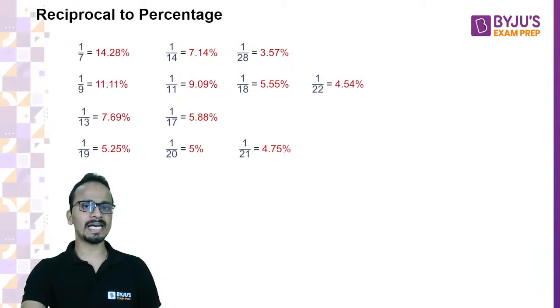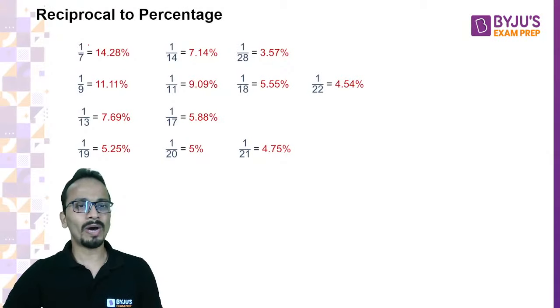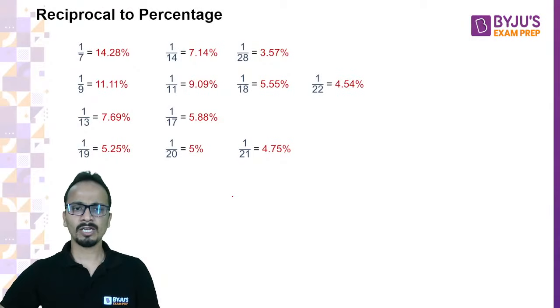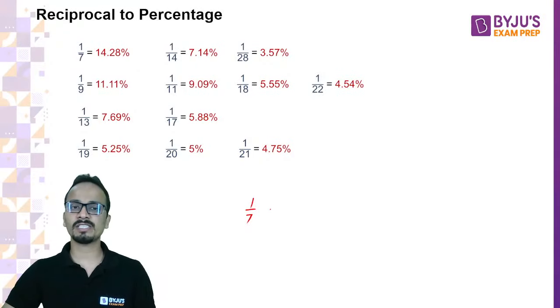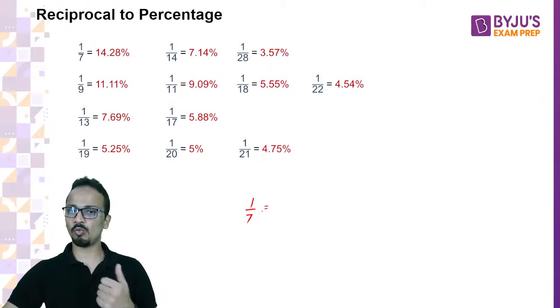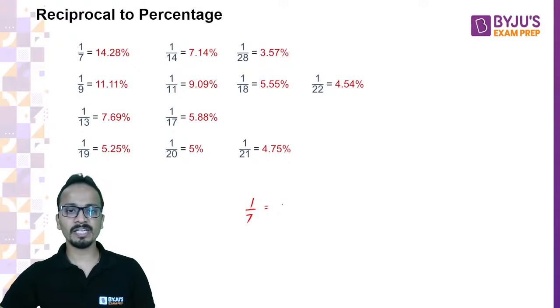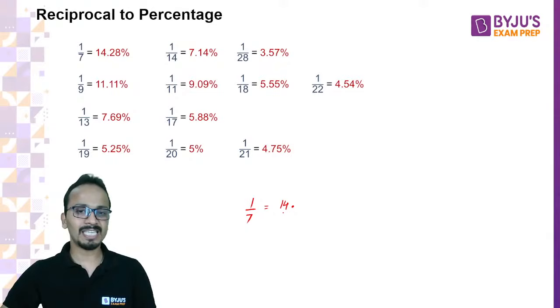So the next set, I've taken these values. So 1 by 7, we will have to remember. When I saw this for the first time, this is how I tried to remember the equivalent for 1 by 7. So 1 by 7: double of 7 is 14, point, double of 14 is 28.